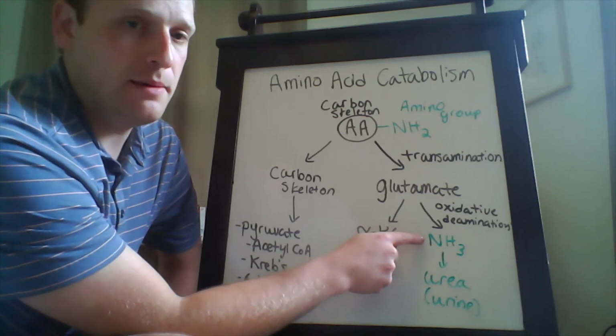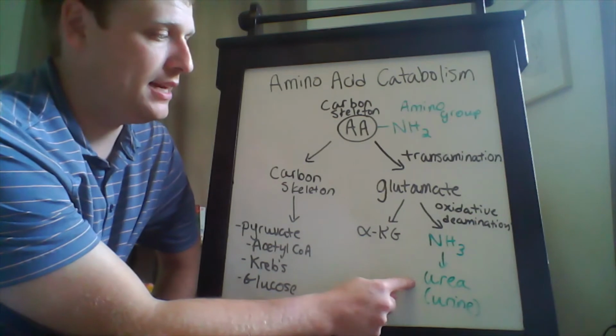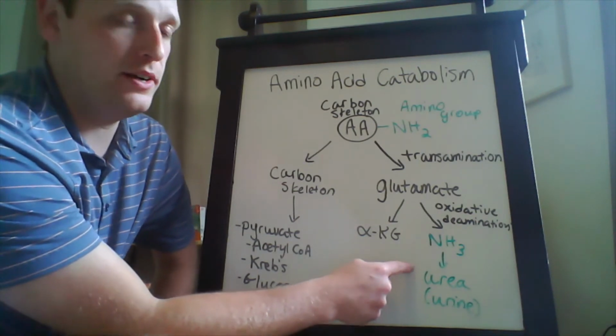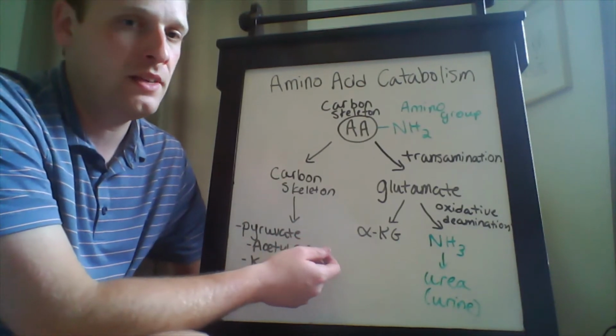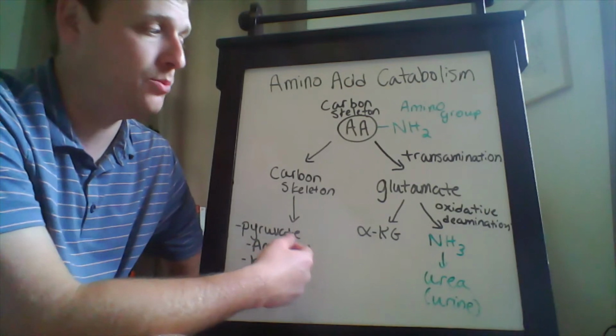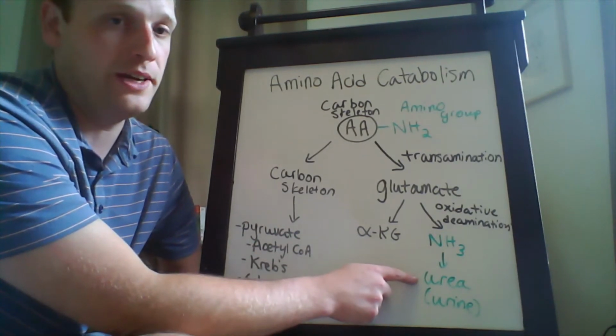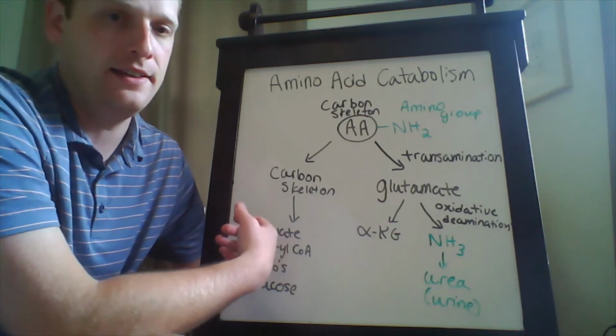So the body processes ammonia into urea, which is then expelled in the urine. If enough urea builds up, it's toxic to the body, so we need to get rid of it. And so amino acid catabolism is what's going to be forming urea, which again is excreted in the urine.